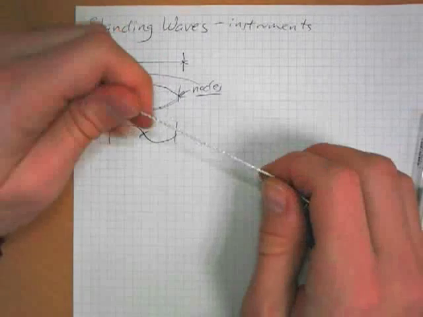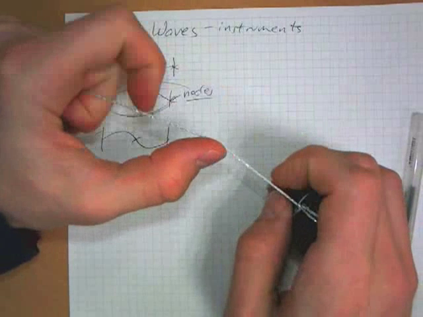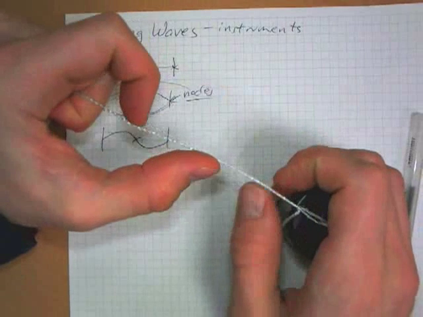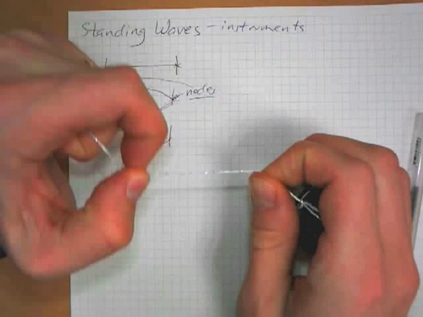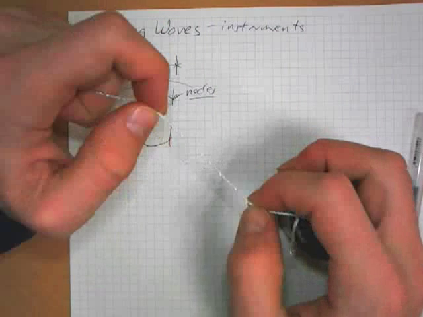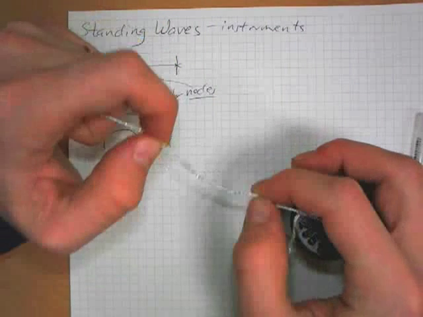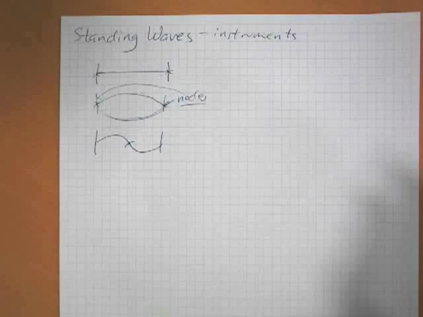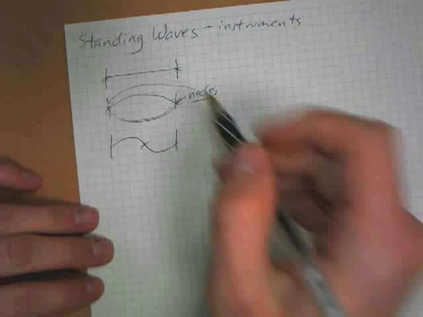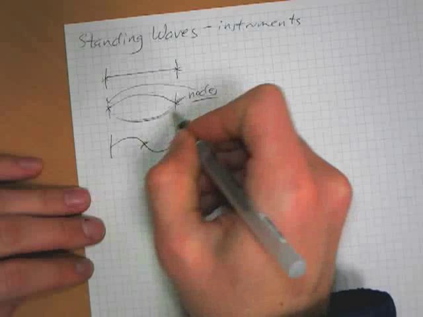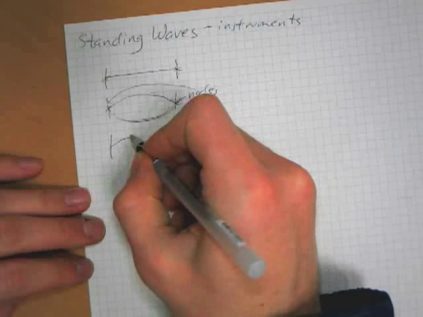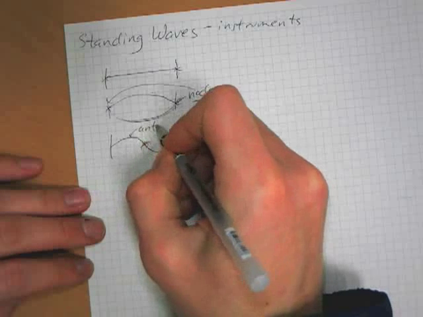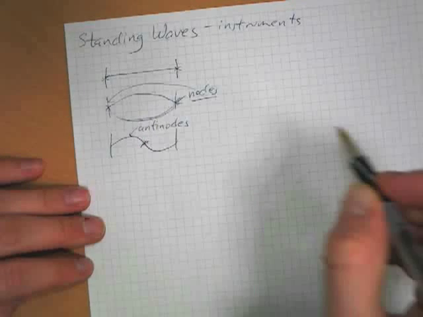Whereas in the second case, there's also a node in the middle, and the string is doing something more like this, where the two sides are vibrating back and forth, but the middle of the string is holding still.